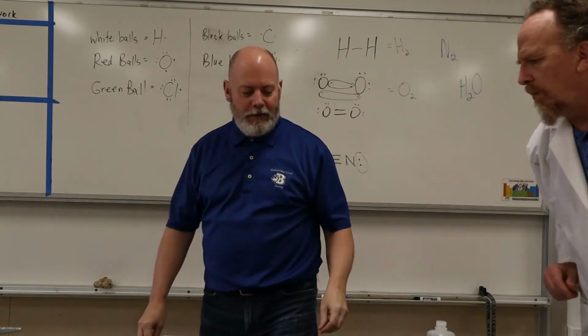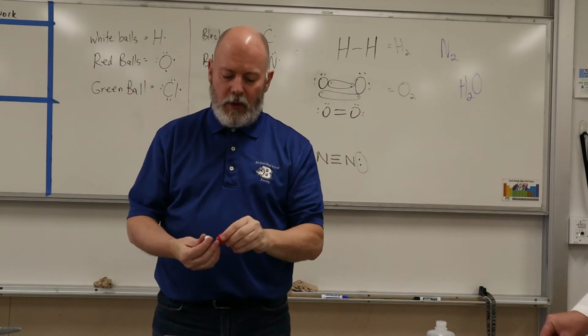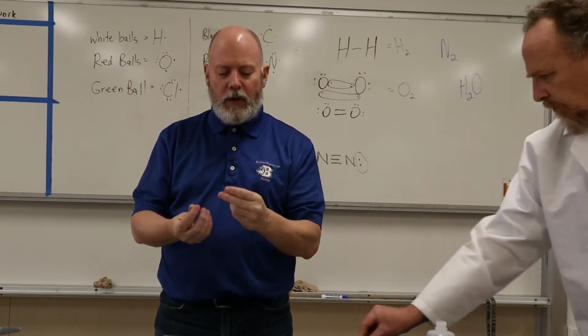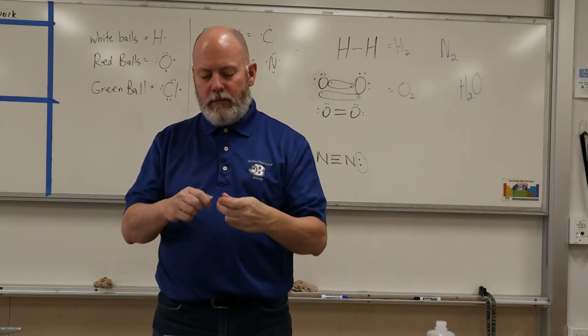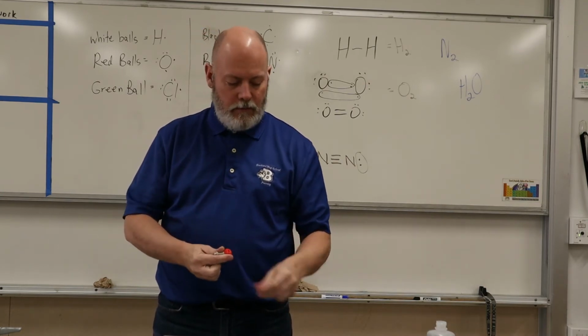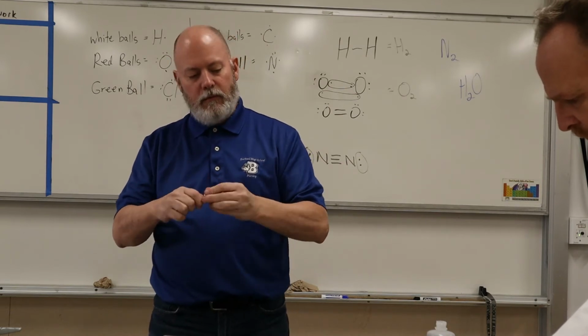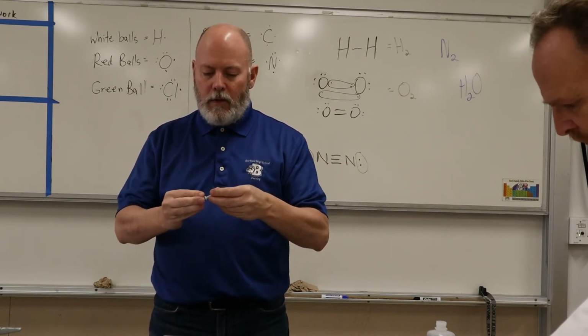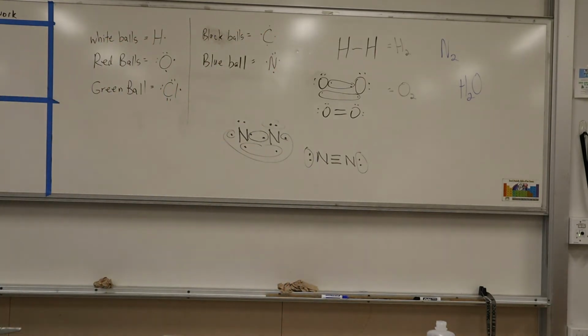So we've got 2 hydrogens and an oxygen, and I'm looking at it going, how do I plug these holes? Well, the only way to do it is to do this. You just kind of fool around with it.